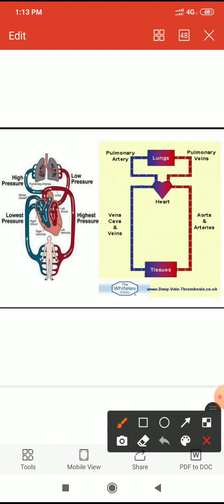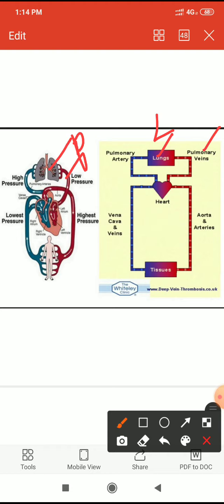This is the pulmonary vein and these are the lungs. So these pulmonary veins are this one. I am writing P here. Pulmonary veins carry the oxygen rich blood from the left lungs.